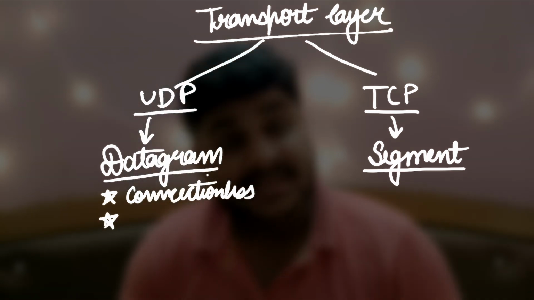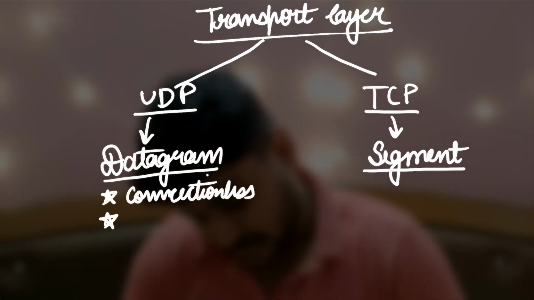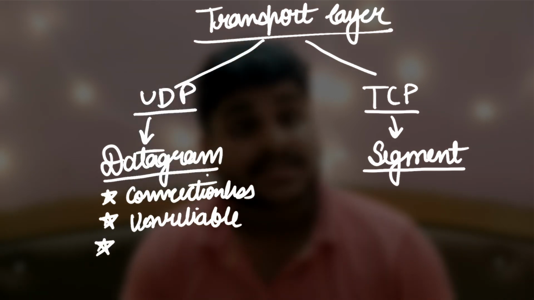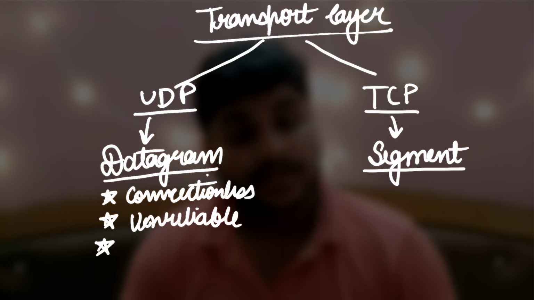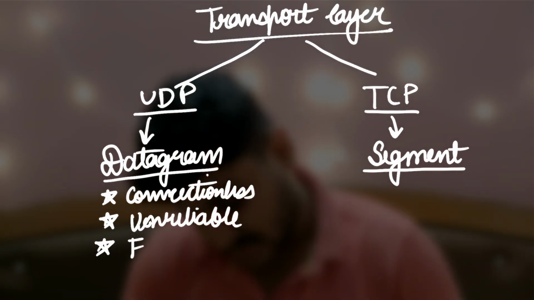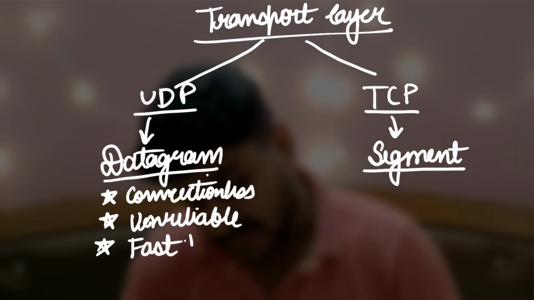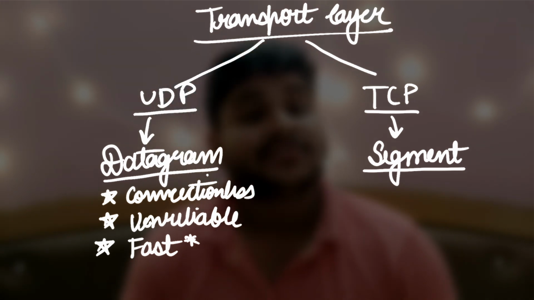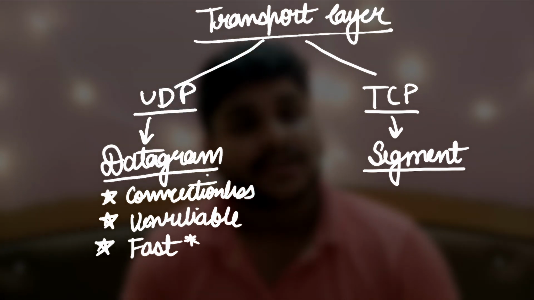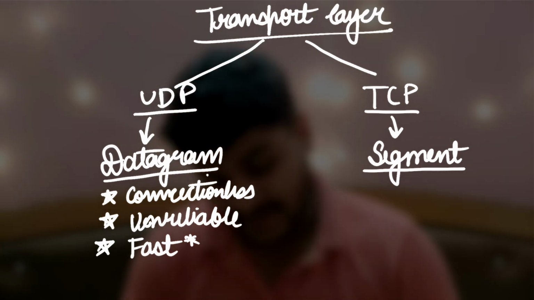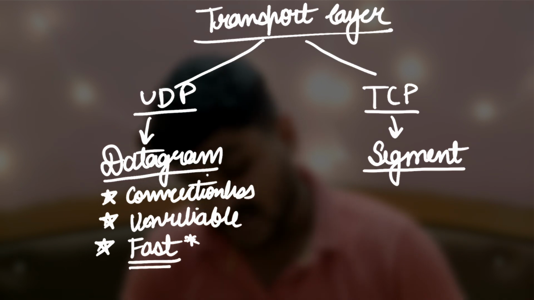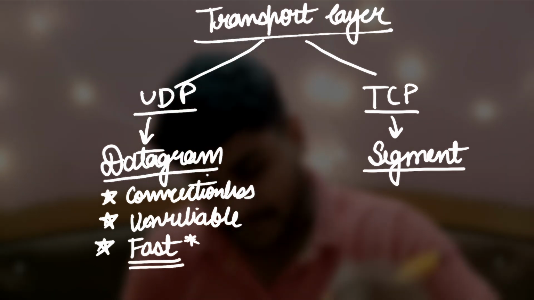It is unreliable. And the last and the most important functionality of this protocol, it is fast. Really fast. And why is it fast? Because there is no overhead. We are going to talk about the overhead later. So this is faster than TCP.